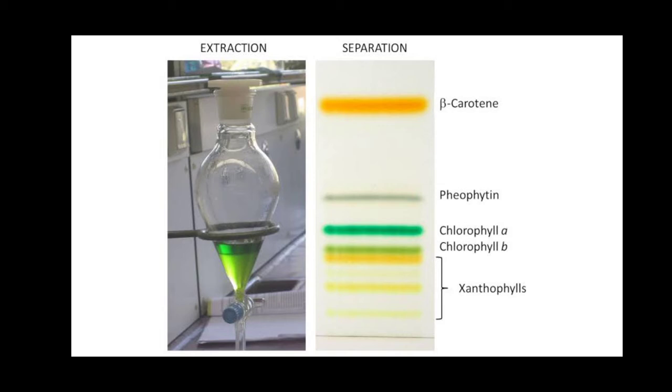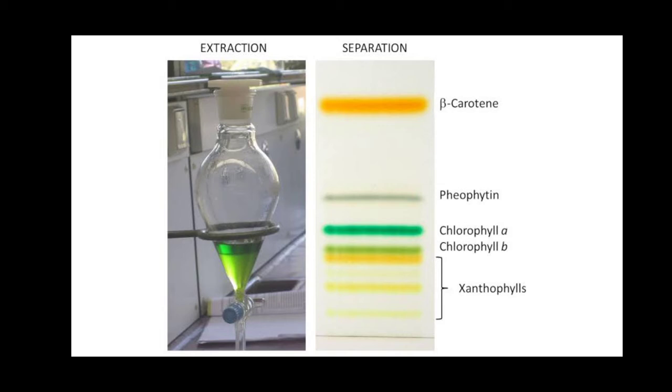Most of the leaves don't have all of them present. But the ones usually found are chlorophyll A, chlorophyll B, and some extent of the xanthophylls. The phytoplankton and the beta carotene may be present, but that depends on the variety of the plant we are talking about.